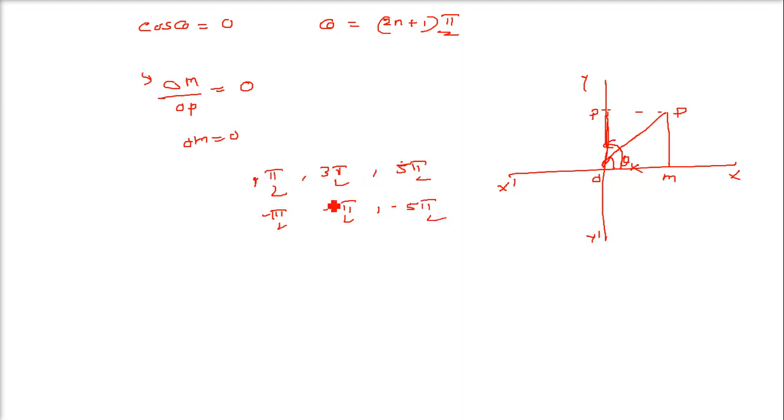So this is 1, 3, 5. We know that in order to write odd, we write 2n plus 1. We are multiplying by 2 to make it even and then adding 1, and then pi by 2. So theta equal to (2n plus 1) pi by 2 is the general solution, where n belongs to Z. So this is the general solution for cos theta equal to 0.